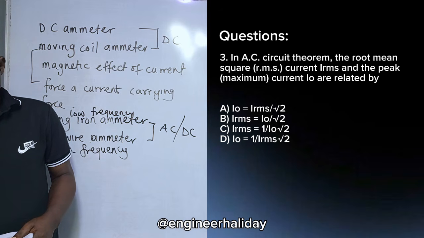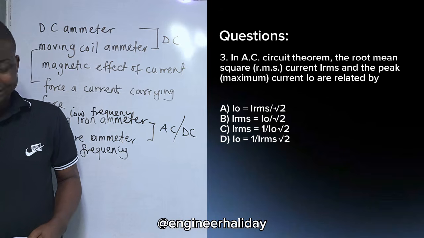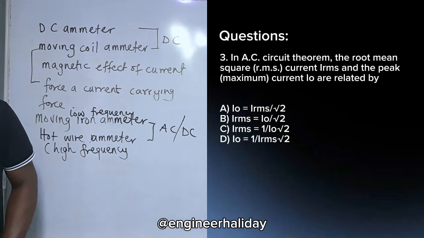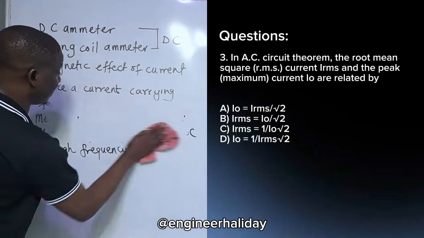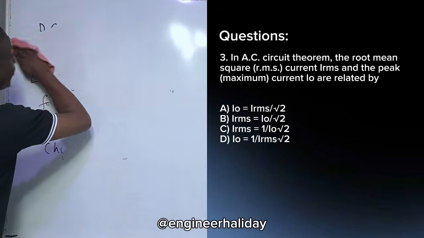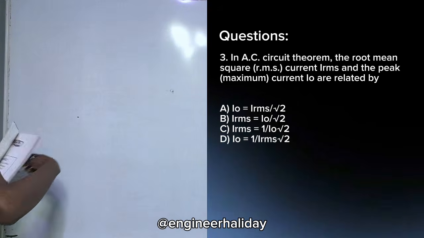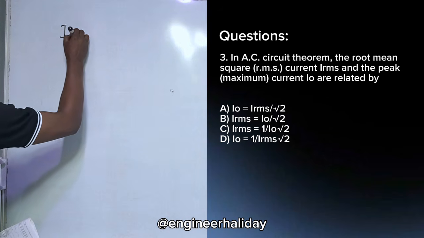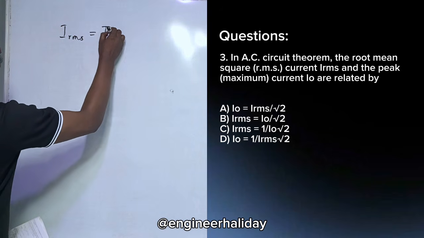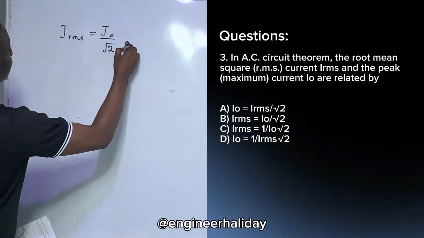Now we know that the formula for the relationship between them is IRMS is equal to I naught over root 2.